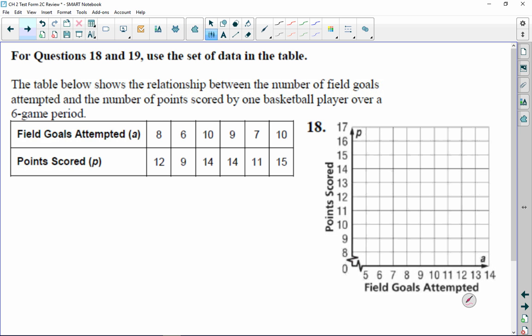Okay, so like DJ is saying, this is pretty easy. Just plot the points. First point's what? 8, 12. Let's go 8 and then up to 12.